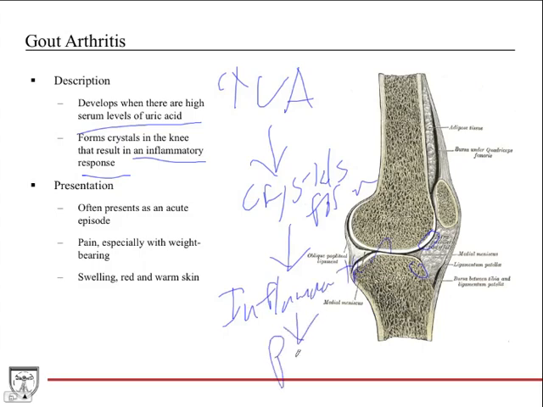And then that results in pain. Okay? And this happens a lot faster than osteo or rheumatoid arthritis. And so it presents as an acute episode. And it's pain, especially when they're putting weight on it. These people are going to be in really significant pain. They're going to have swelling, red and warm skin, so real inflammatory signs.